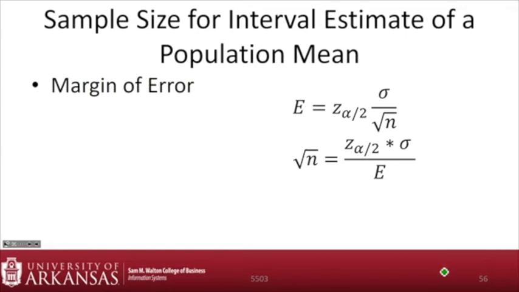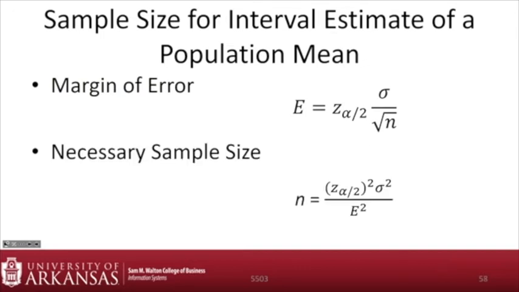Then if I square both sides, I can get rid of the square root. And then just to make the formula match what's in the book, yay, algebra. So now I can figure out my sample size. My confidence level plays in, I've got my standard deviation, I've got the margin of error I want, and I can tell you what my sample size needs to be.